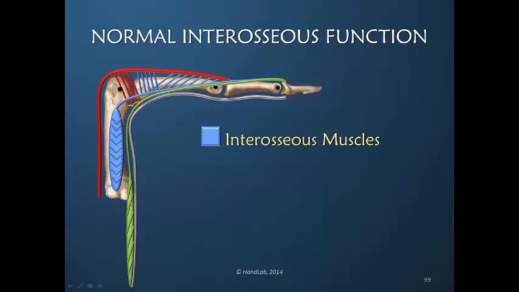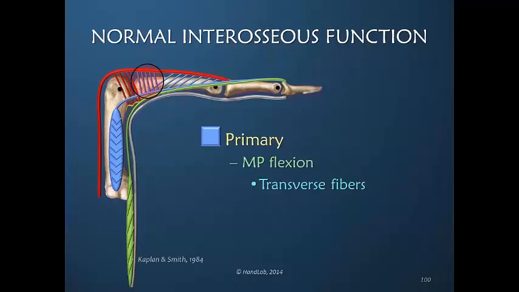In the normal finger, in the position of MP joint flexion and IP joint extension, the interosseous muscles are the primary MP joint flexors. I would like to repeat that. Metacarpophalangeal joint flexion in this position is primarily being accomplished by the interosseous muscles.